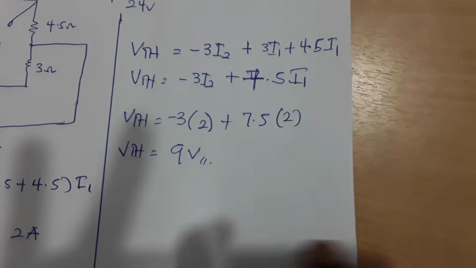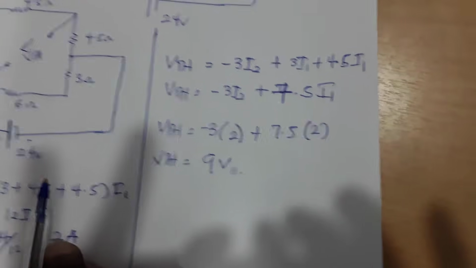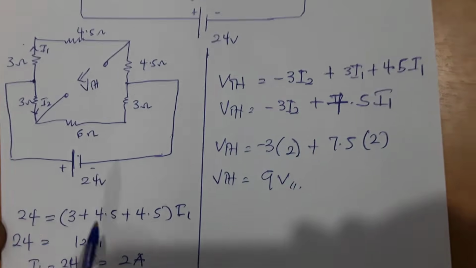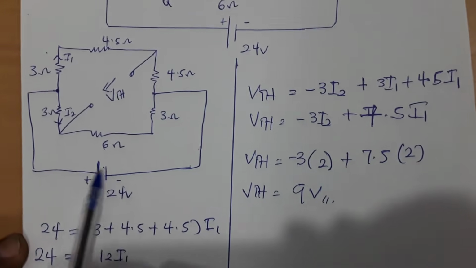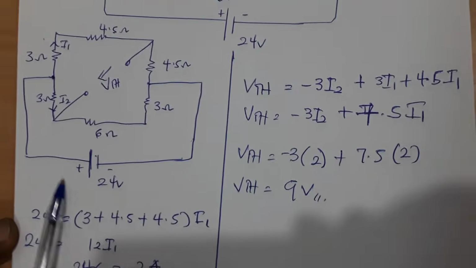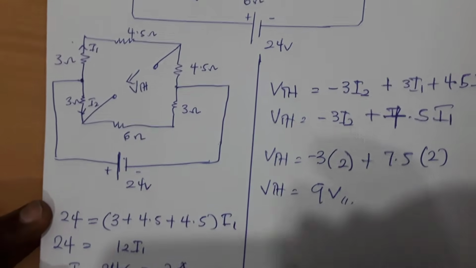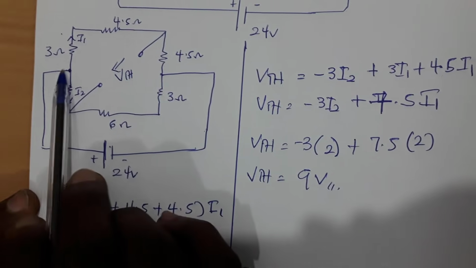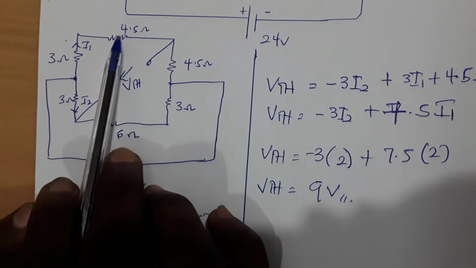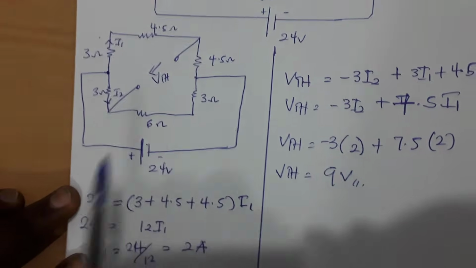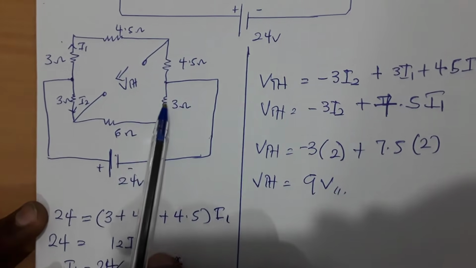In finding RTH, we deactivate all sources. When they are voltage sources, we short them, and when they are current sources, we open them. But in this case, it is a voltage source, so we will short it. But we can see that this and this are in series, and this and this are in series, and they are in parallel.